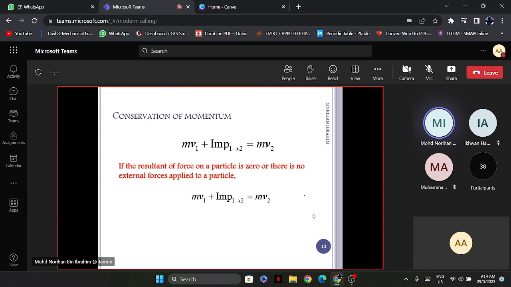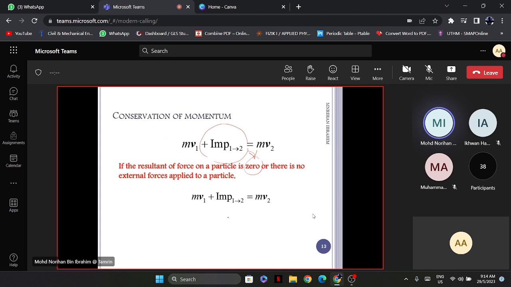m v1 plus the impulse from 1 to 2 is equal to m v2. If the resultant force on a particle is 0, this means that the impulse from 1 to 2 is 0, so there is no impulsive force, or there is no external force applied to the particle.